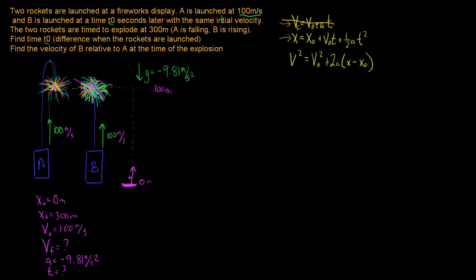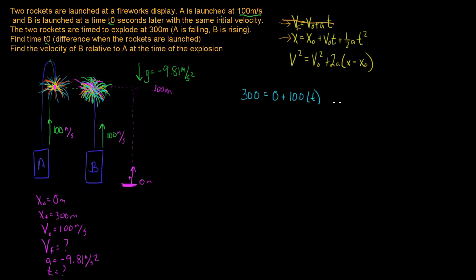And so if we plug in what we know to this second equation right here, we have a final distance, which is 300, equal to an initial distance of 0, plus the initial velocity, which is 100 meters per second, times some time. We don't know it.